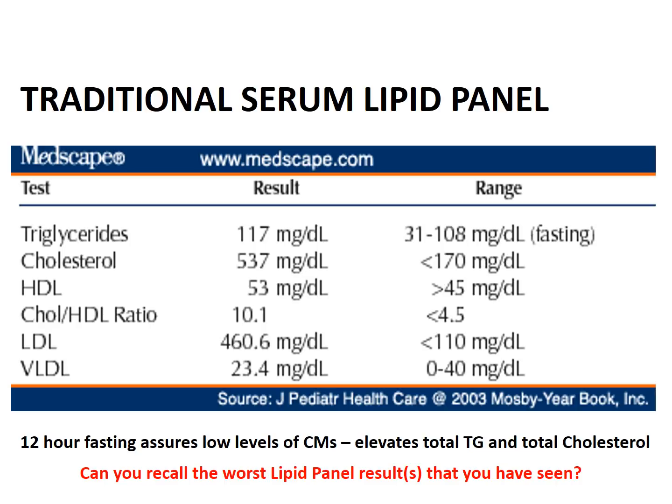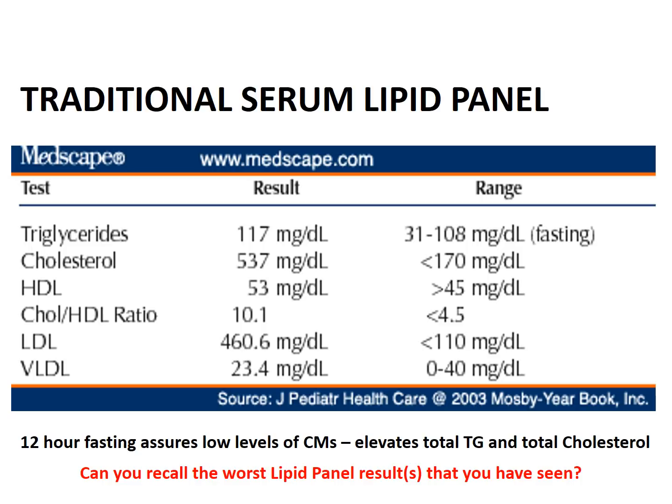And when you get a traditional lipid panel, you're looking at concentrations of your triglycerides, your cholesterol, your HDLs, your LDLs, and your VLDLs. And a good serum profile is done following a 12-hour fast. And the reason for that is if you fast for 12 hours, you're going to have very low levels of chylomicrons. You don't want all those chylomicrons.